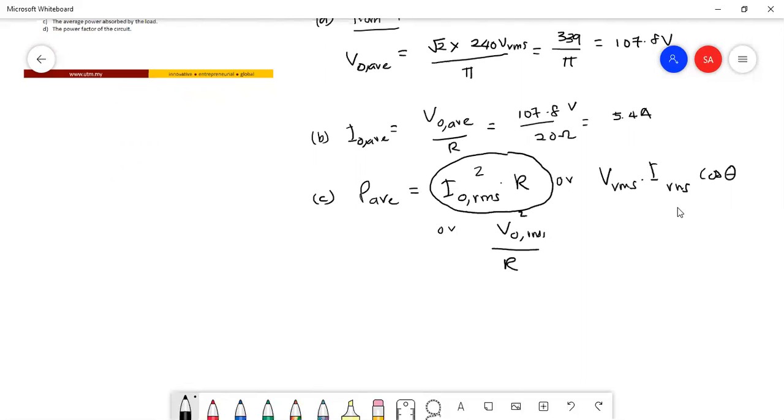You can also use V out RMS or others, but for this solution I am using the first equation.